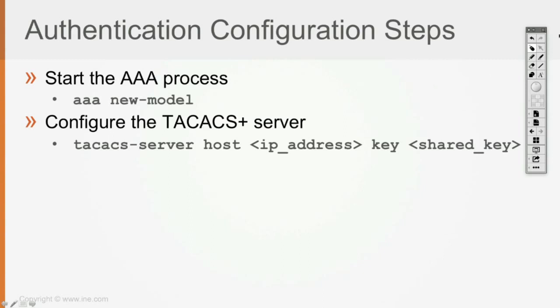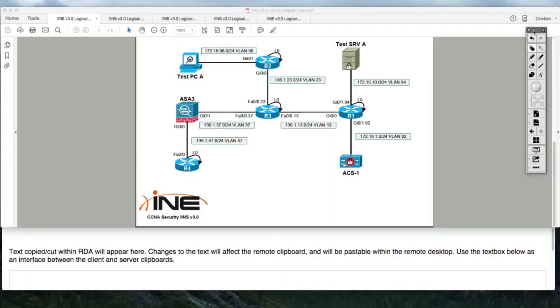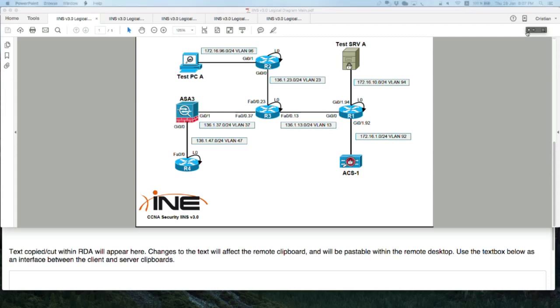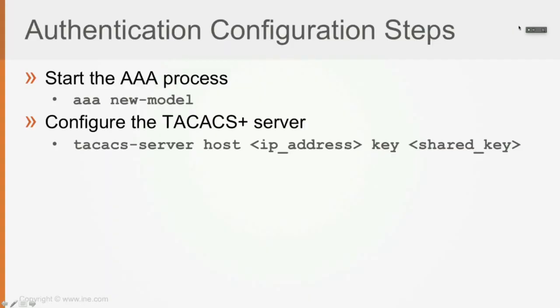That key has to be identically configured on both the authenticator, like the router in my case, and the ACS server or the TACACS server, because that shared secret key is going to be used by the authenticator to encrypt the payload of the packet, and by the server to decrypt the payload of the packet. The packet payload is not actually encrypted with that key I'm configuring in there. That key is being used as part of a specific MD5 implementation in order to actually encrypt the packet.